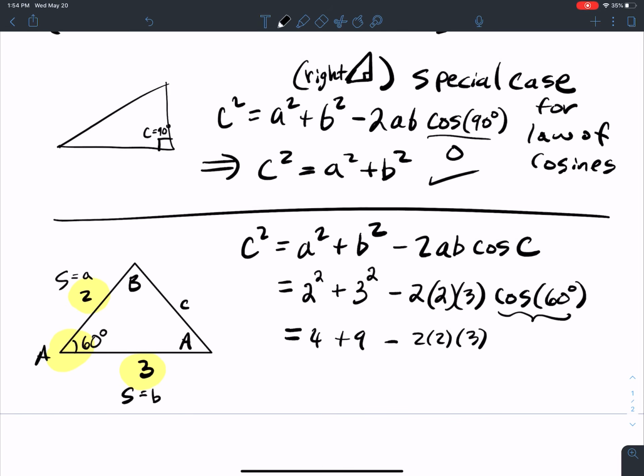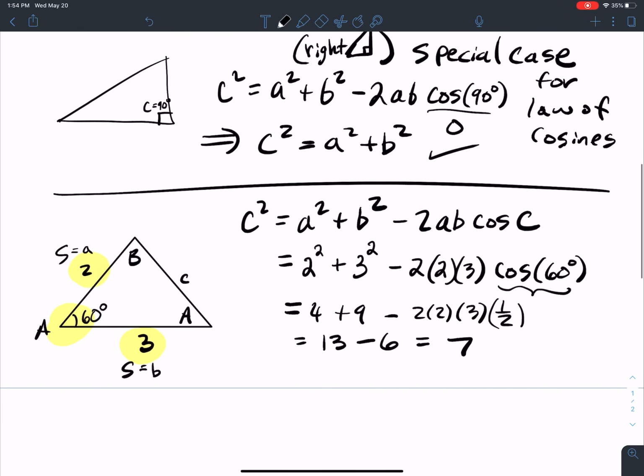That is 1/2. Okay, so one of those 2's goes away. So I get 13 minus 6 gets me 7. So c squared is equal to 7, which tells me that c is equal to the square root of 7. So this is the square root of 7 for that side.